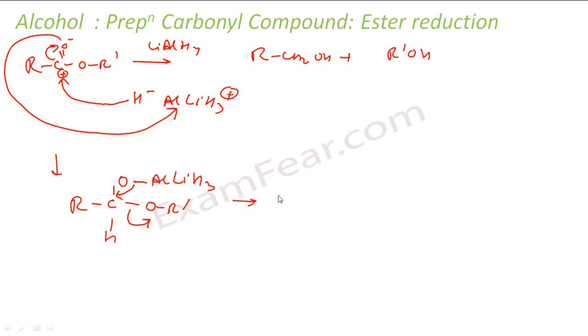So what will happen here is, you get RC, it will be double bond O, and H, and here R dash O minus will leave.